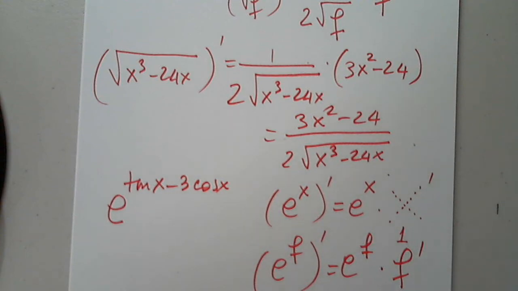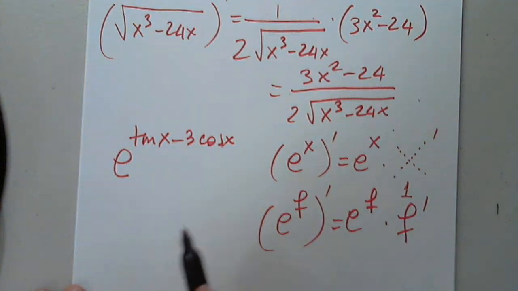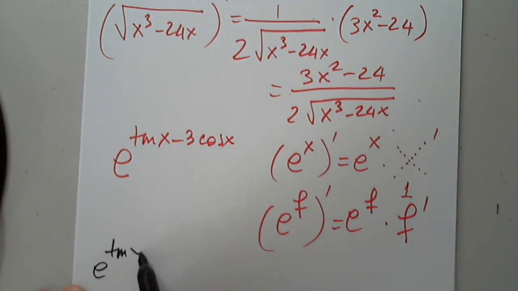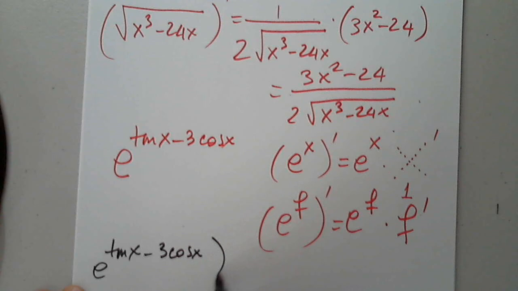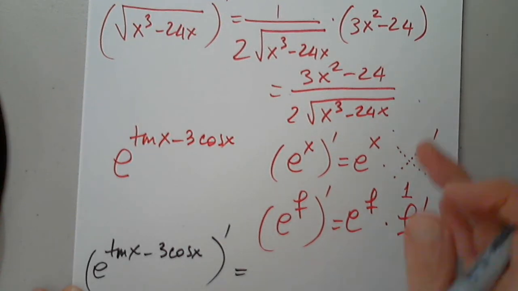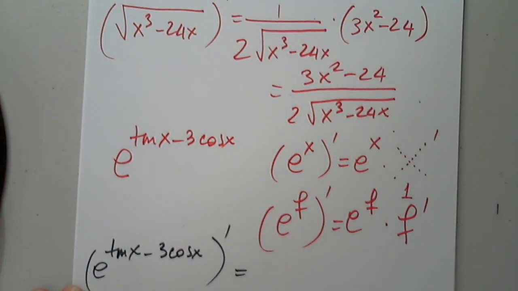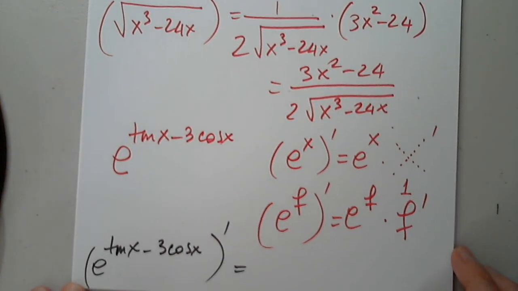So then when I differentiate this, let me write it here: e to tangent x minus 3 cosine x. Can anyone give us the derivative of this, given the formula? Secant squared x plus 3 sine x.